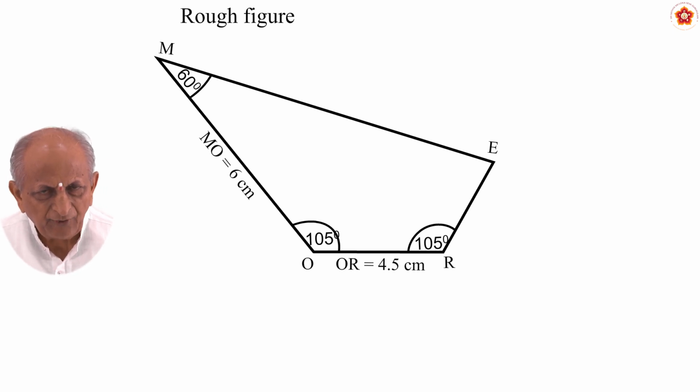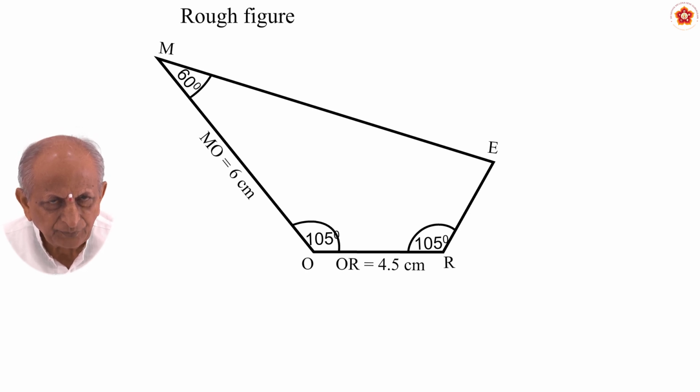So shall we draw a rough figure? Okay. OR 4.5 centimeters. It need not be exact figure. It is only rough figure. Okay. And you have to draw a line making an angle of 105 degrees.